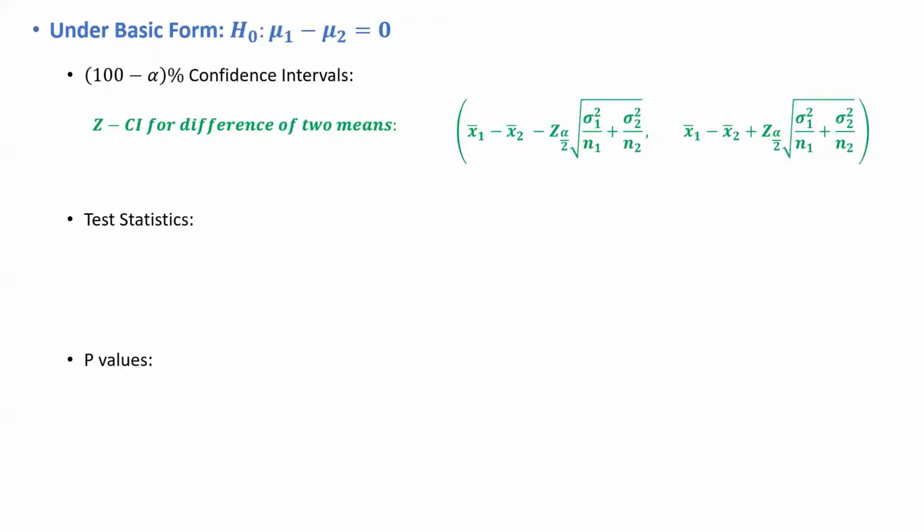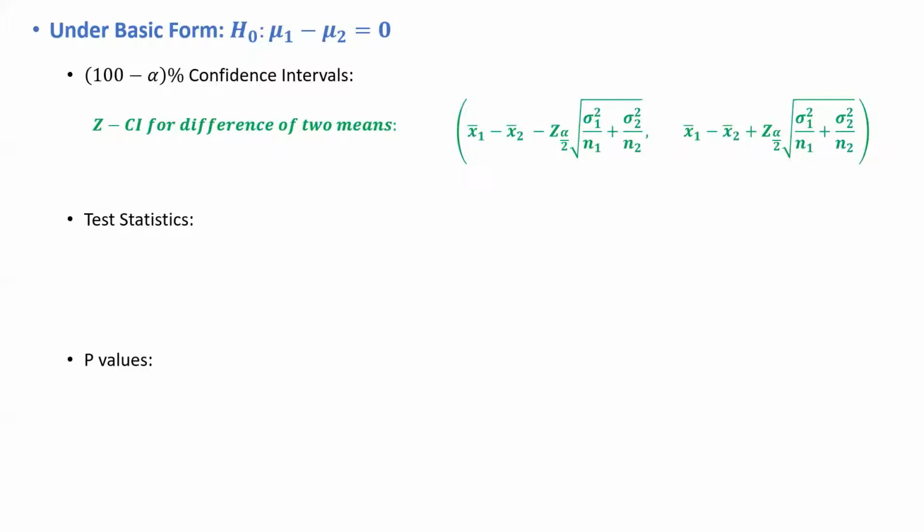It looks somewhat complicated, but the stuff should be making sense. x1 bar is the mean of the sample taken from population 1. x2 bar is the mean of the sample taken from population 2. z half alpha is the two-sided z critical value, which is 1.96 if the confidence interval is 95%. And sigma 1 squared is the variance of population 1.